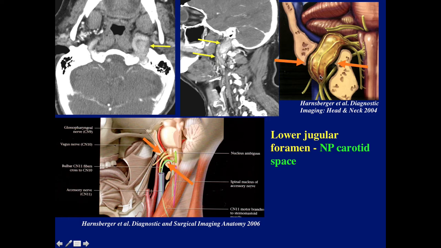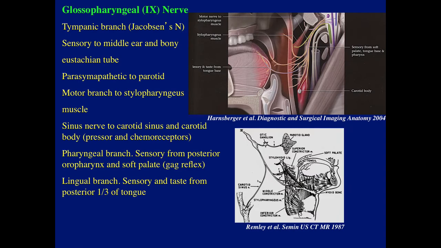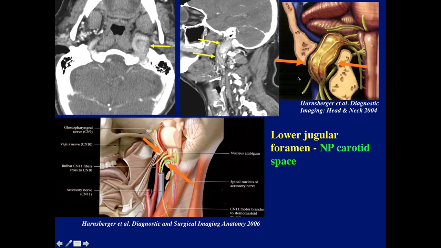So when we see a tumor just outside the region of the jugular foramen, it is in the nasopharyngeal carotid space, and that's very important. So again, there's communication with the inferior part of the jugular foramen and the nasopharyngeal carotid space.